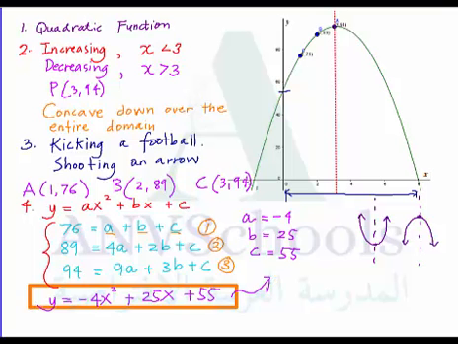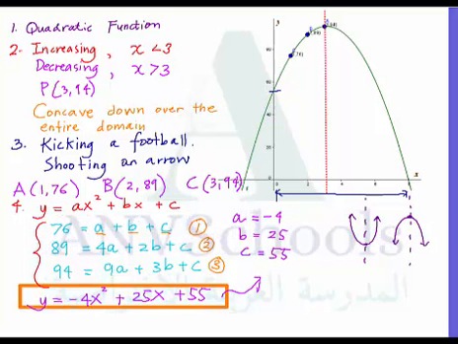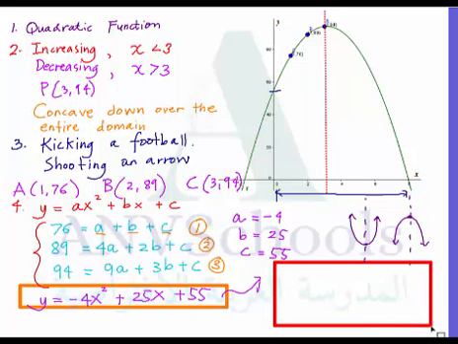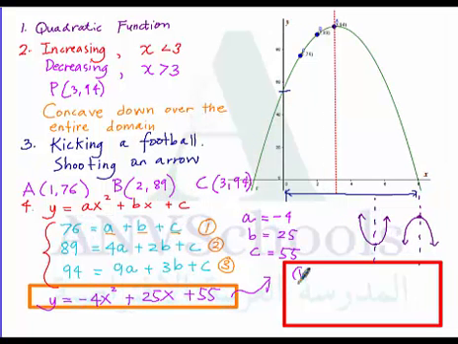We have two properties that could be derived from here. The first property is, look at our A. Our A is negative 4, and negative 4 is less than 0.